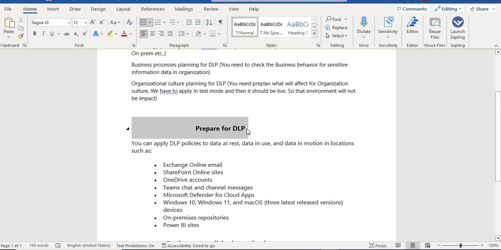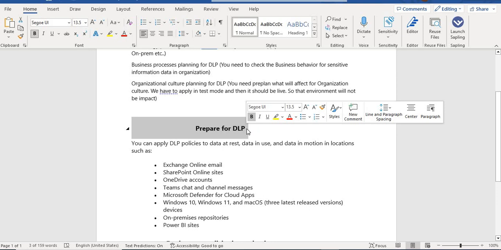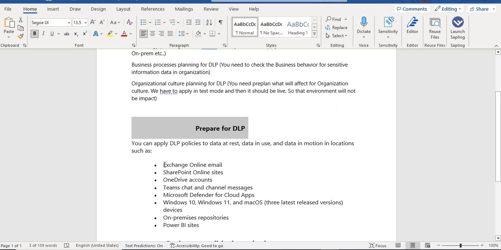You have to prepare in which data you want to apply this service. I already said: Exchange Online mail, you know very well about this; SharePoint Online sites, you already know about this; OneDrive, Teams chat, Microsoft Defender, or Windows 10.